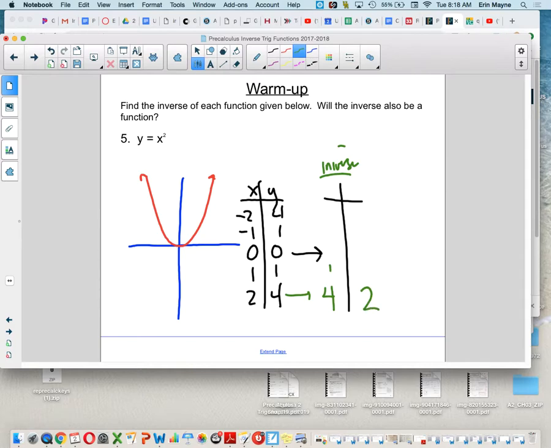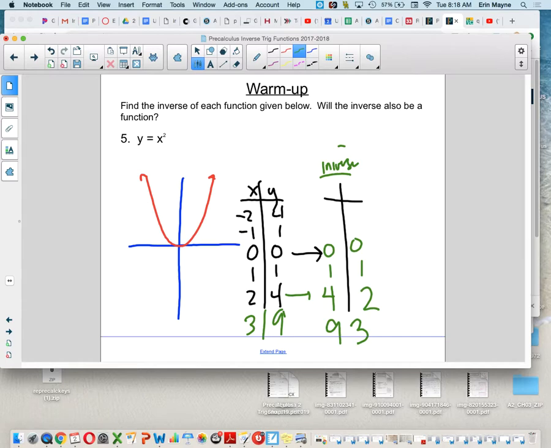I need to be able to put in 1 and get 1. I need to be able to put in 0 and get 0. A better example that would further the table, I need to put in 9 and get what? 3. I need to have a function that when I square it gives me 9, but when its inverse inputs 9, I get 3 out.